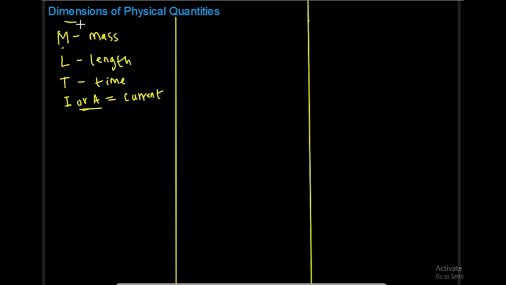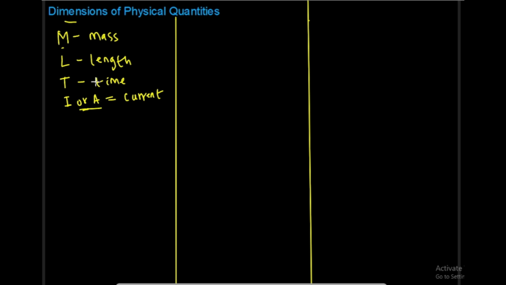So like I said, dimension is a system of representing physical quantities using some specific letters. M for mass, L for length, T for time, I or A for current. Current has to do with electricity, and I'll take dimensions related to current in subsequent videos.